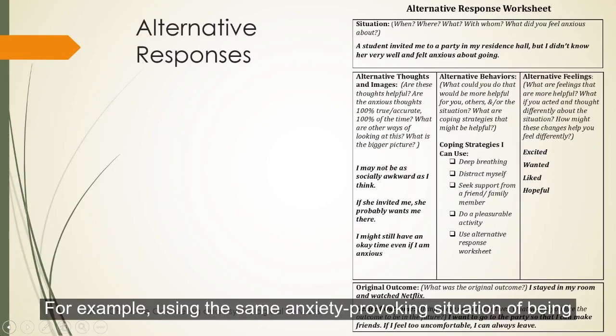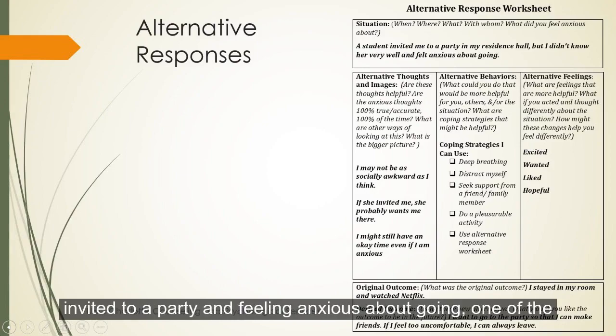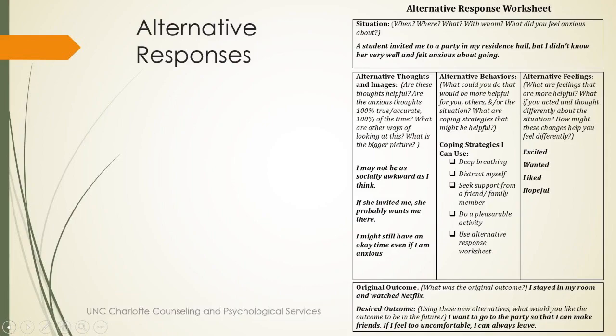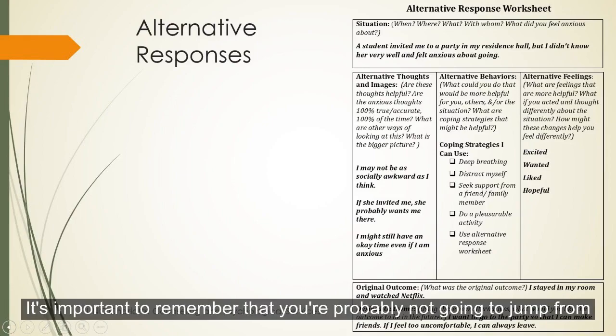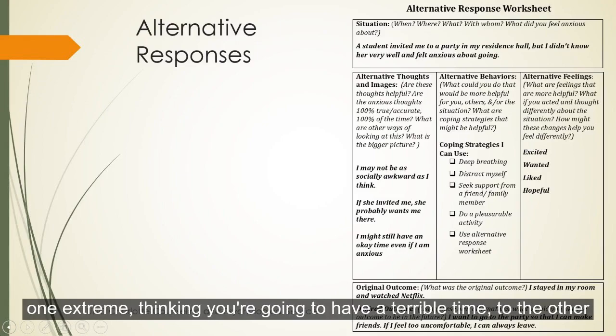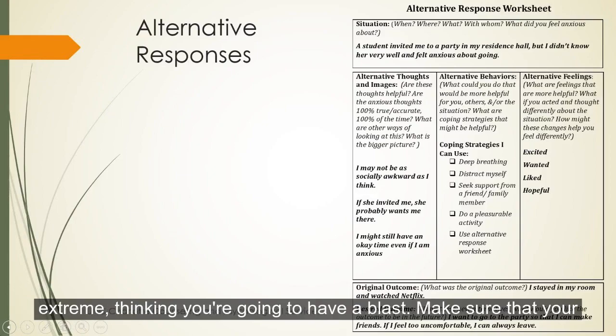For example, using the same anxiety-provoking situation of being invited to a party and feeling anxious about going, one of the alternative responses here is, I might still have an okay time. It's important to remember that you're probably not going to jump from one extreme, thinking you're going to have a terrible time, to the other extreme, thinking you're going to have a blast.